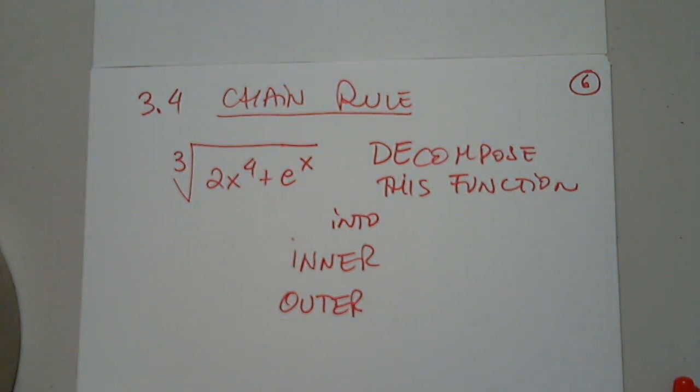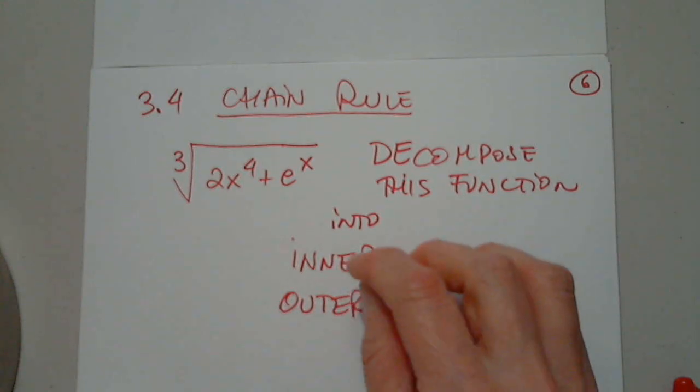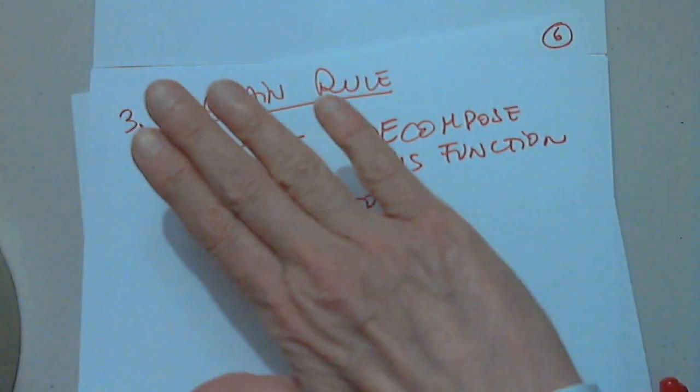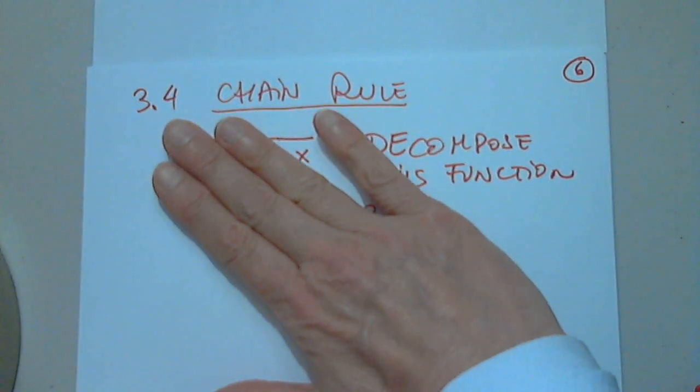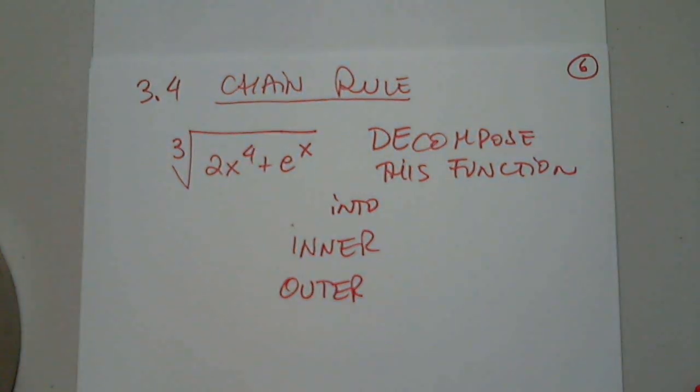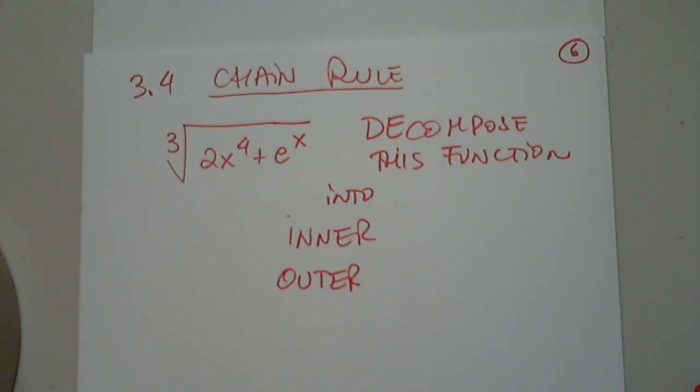So what does the function tell us? What is the inner and what is the outer? By inner we mean if I ask you to evaluate this function when x is 0, what would you do first? Which portion or piece of it you will do first? And which piece of it you will do second?